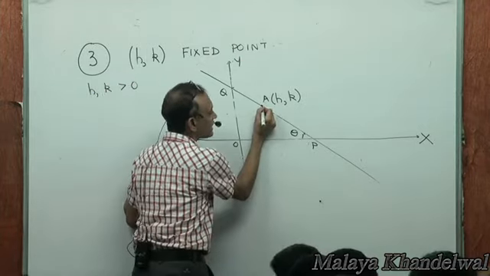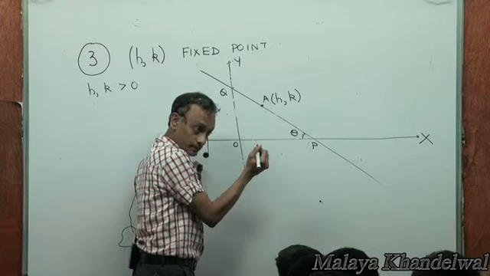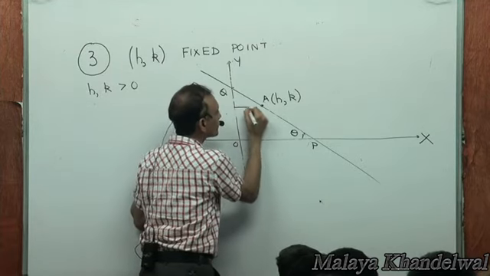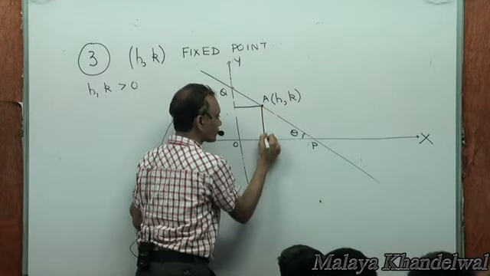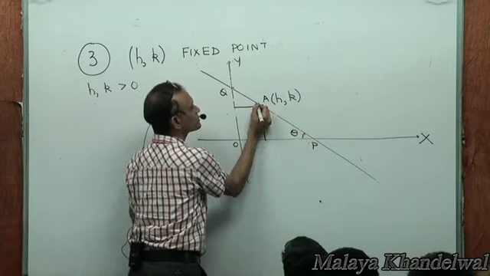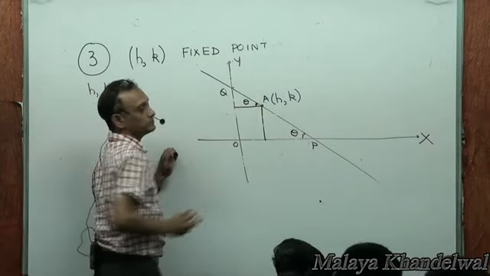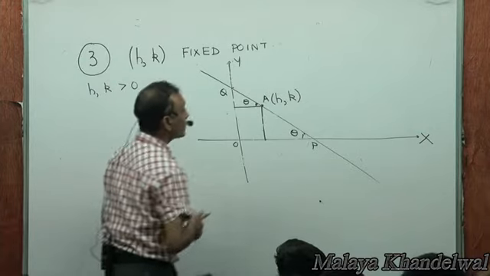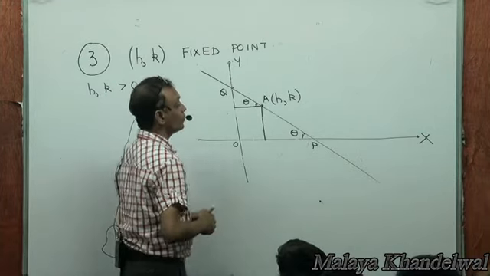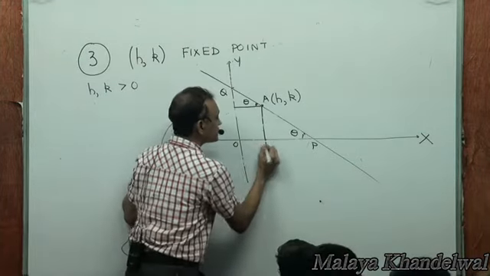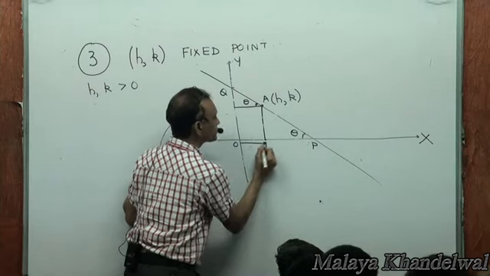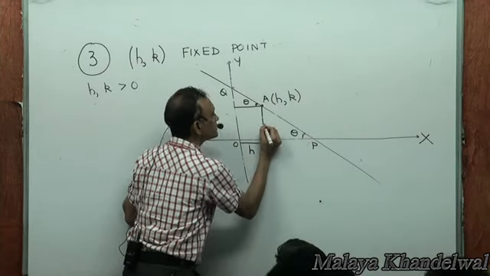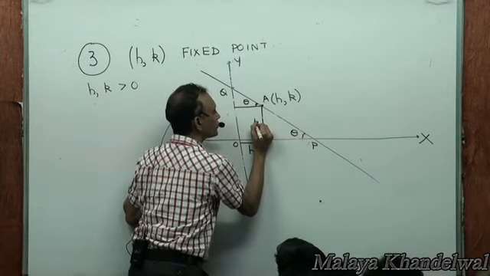Look, if this is a fixed point, H, K, this is theta, right? Now, this is very clearly H, and this is K. Yes or no?